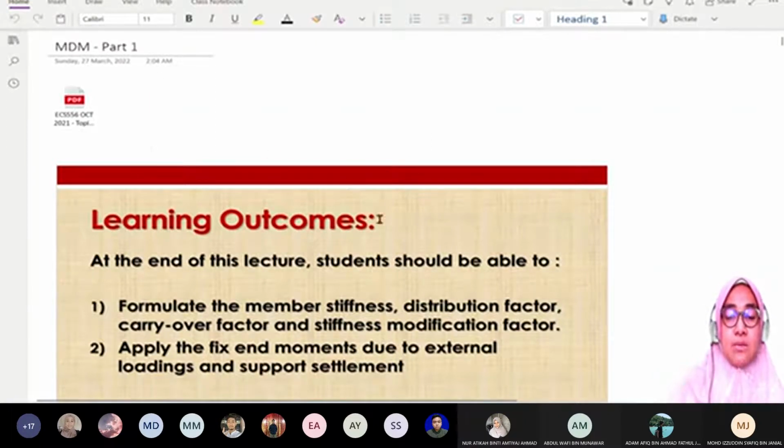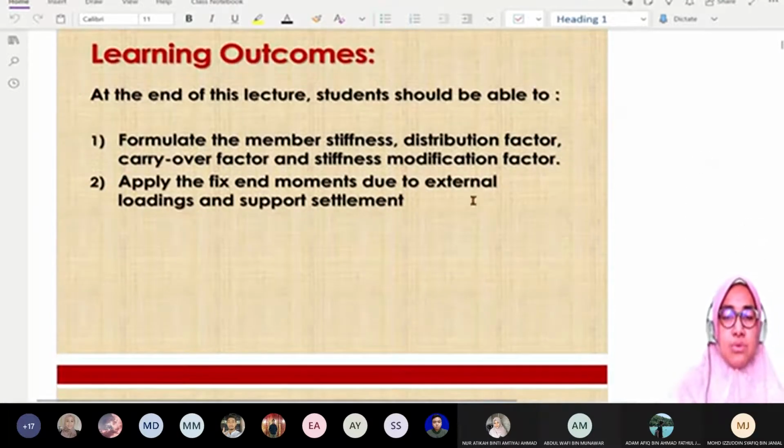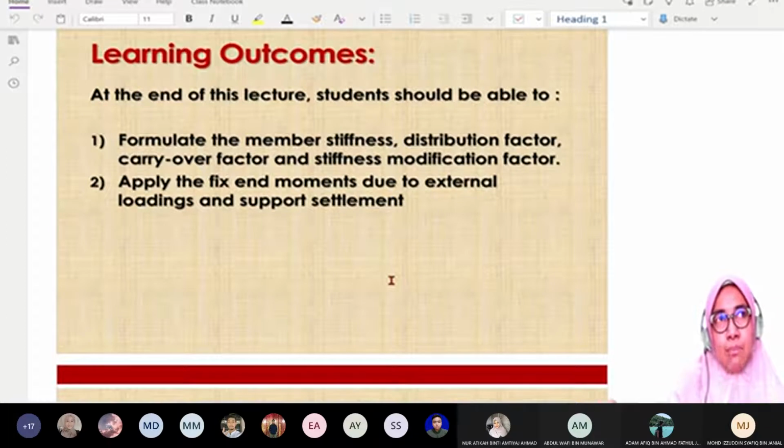Okay, so basically, as I mentioned just now, for this topic, you should be able to actually calculate member end moment, or internal moment in beam and internal moment in frame. That is the goal for this topic.